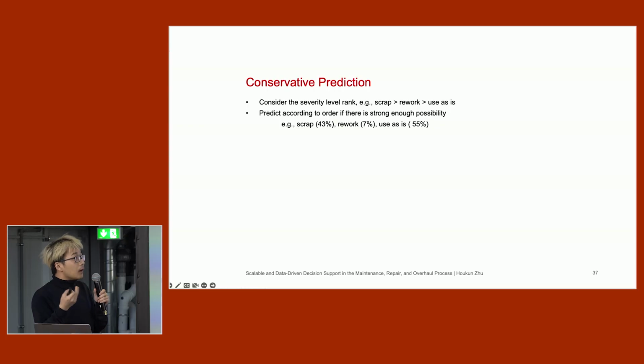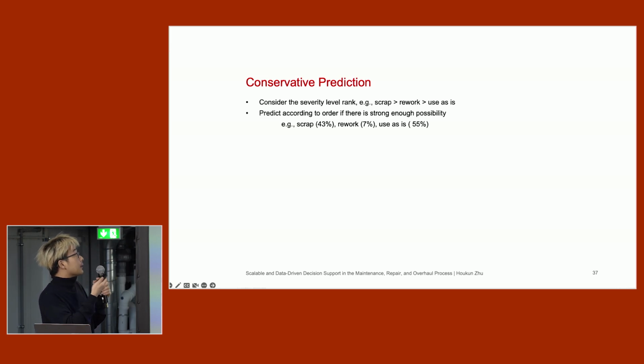As with the issue we discussed before, we therefore introduce conservative prediction, where we factor the severity level rank into the prediction decision. We predict according to the order if we have a strong enough belief that a severe level could appear. For example, here, we would rather predict scrap, though it only has a 43% chance.